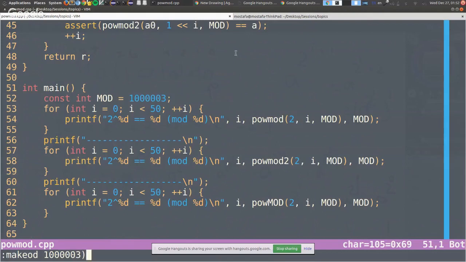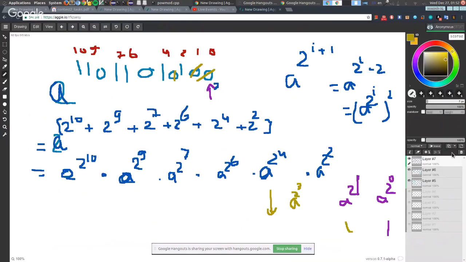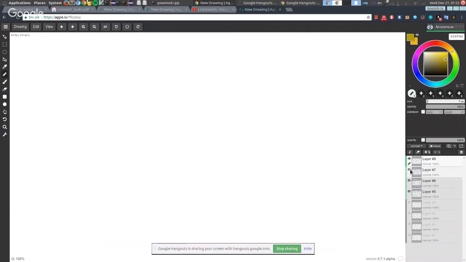Okay, so now I move on to another topic, which is the modular inverse. Basically, we want to solve the problem: we have some number a, and we would like to find a number b such that a times b is congruent to b times a, congruent to 1 mod n.